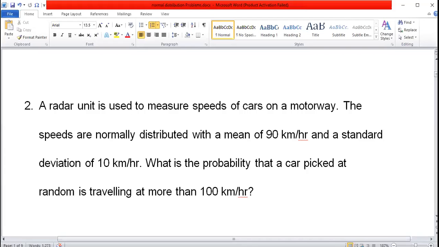A radar unit is used to measure speeds of cars on a motorway. The speeds are normally distributed with a mean of 90 kilometers per hour and a standard deviation of 10 kilometers per hour. What is the probability that a car picked at random is traveling at more than 100 kilometers per hour? Very easy. Find it. I'm giving you 5 minutes.